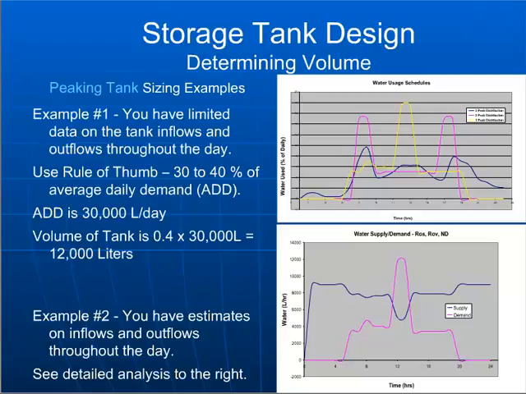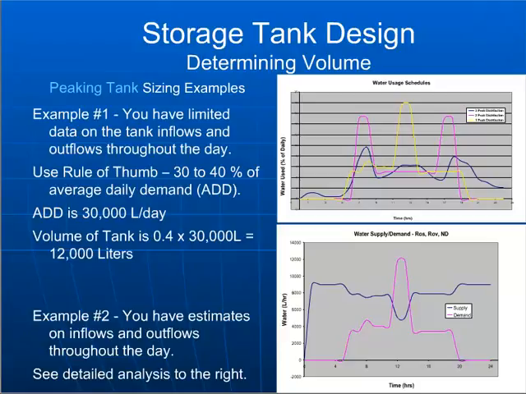You just want to make sure that the volume of the tank that you've specified is sufficient, such that it never runs dry, probably with a little bit of a factor of safety.